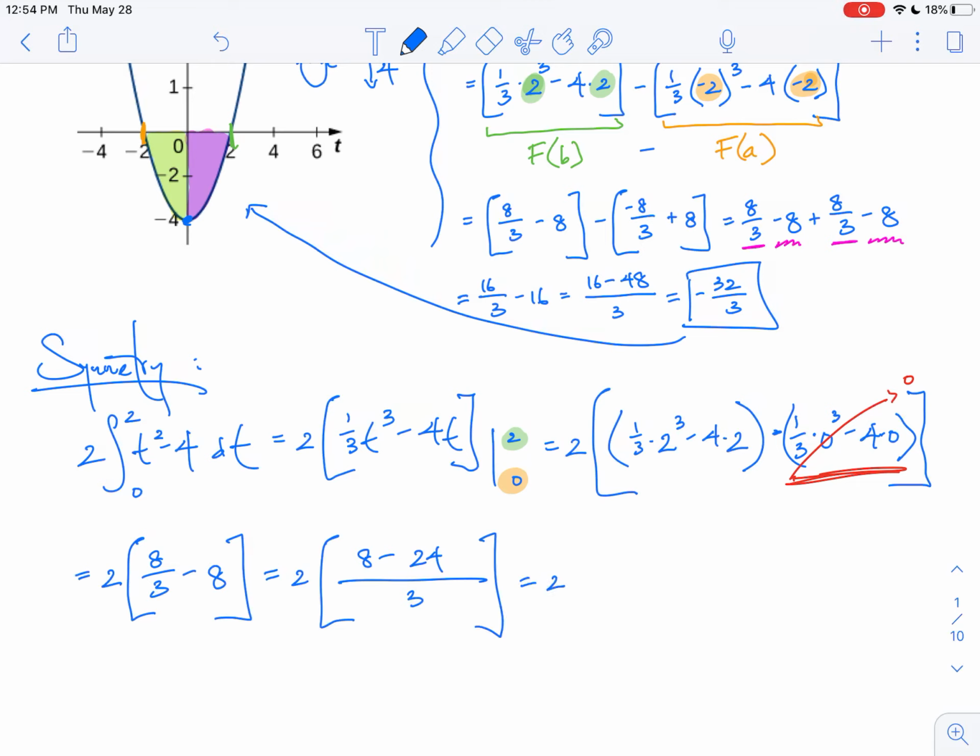And so I end up with 2 times negative 16 over 3, which is equivalent to negative 32 over 3.